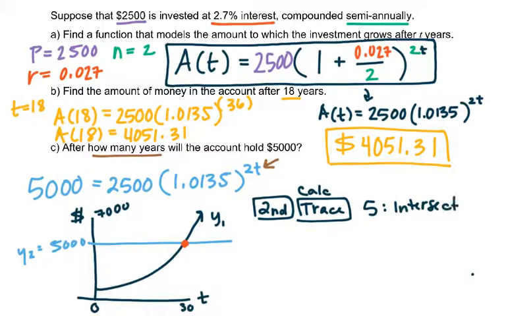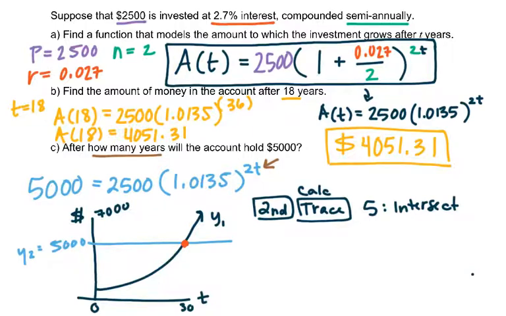And the calculator is going to say, choose near the point of intersection on the first curve, then on the second curve, and then guess. So you're going to move your left and right cursor arrows near the point of intersection, and hit enter after each guess. I hit enter 3 times.